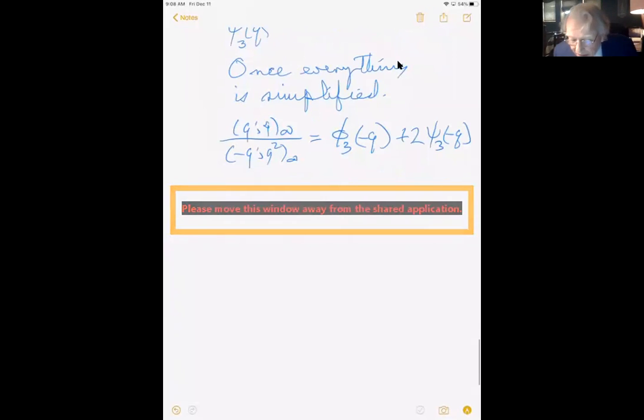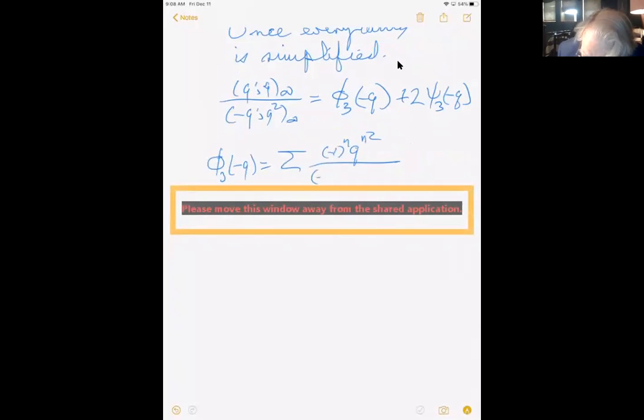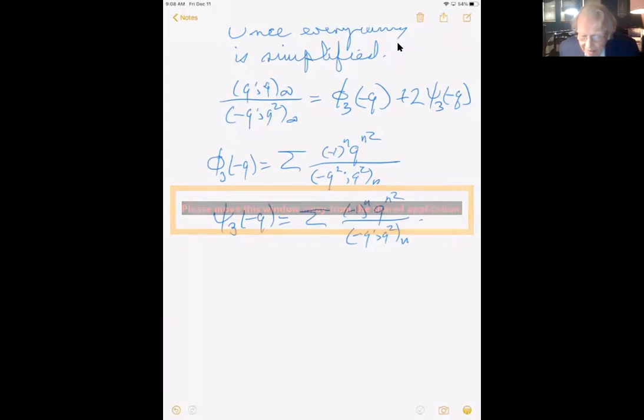In other words, phi 3 of minus q is this series, and psi 3 of minus q is this series. All right. Now, this I believe is the aha moment.